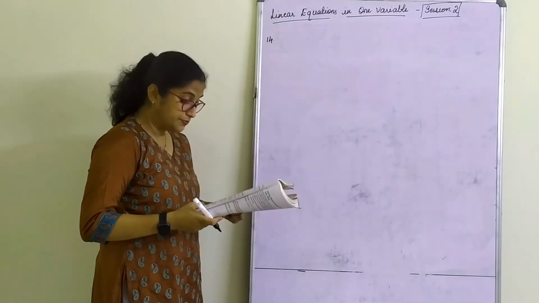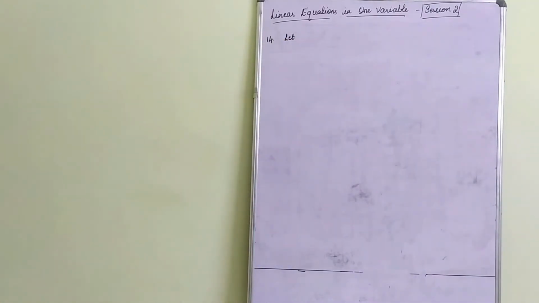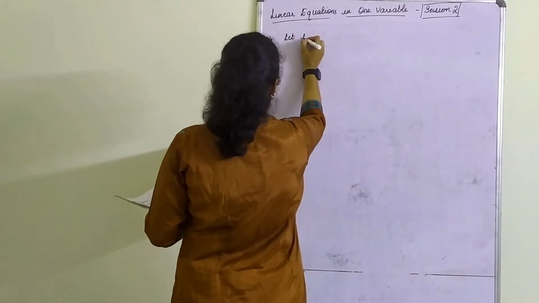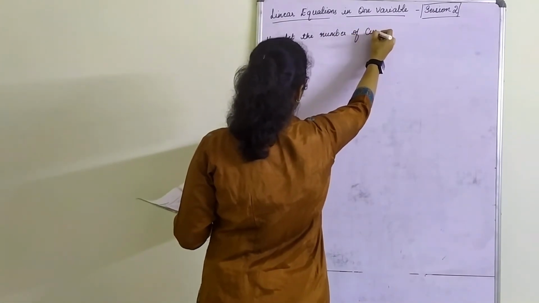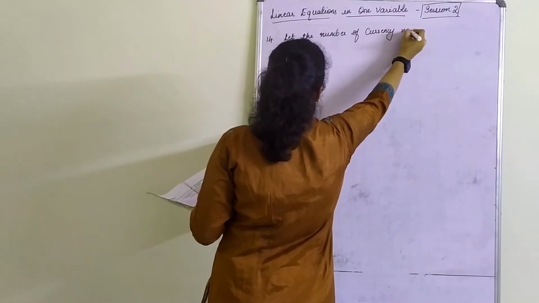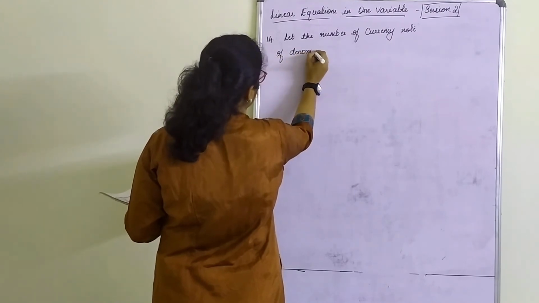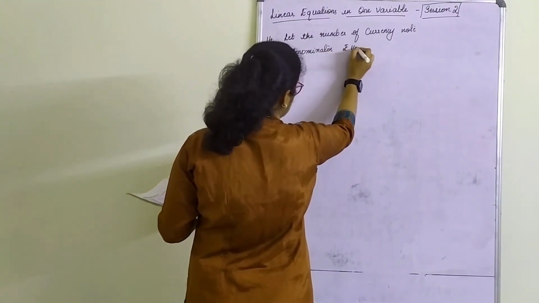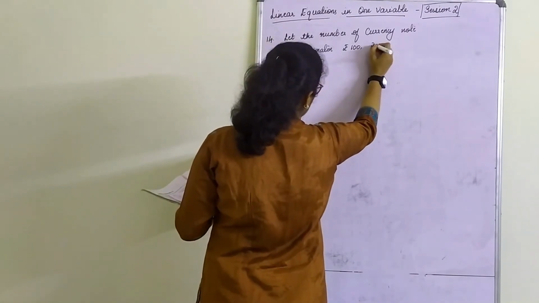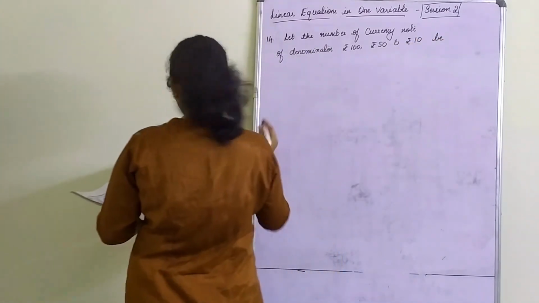So we'll consider that here Lakshmi, then let the number of currency notes of denominations rupees 100, 50 and rupees 10 be in the ratio what?